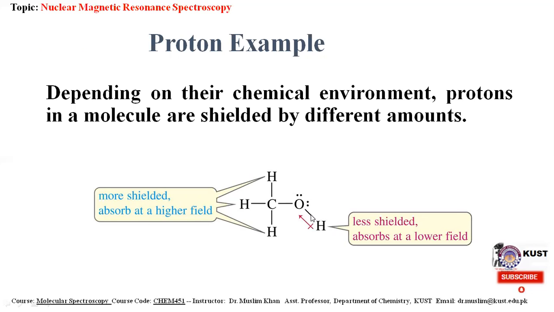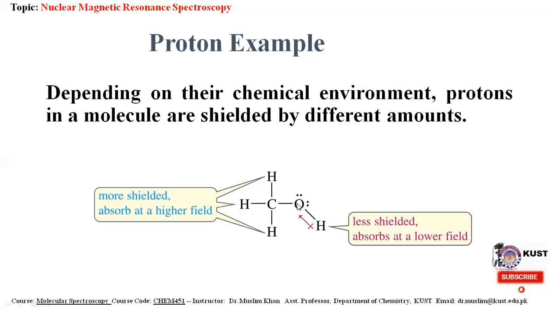So the shared pair of electrons between oxygen and hydrogen is more toward oxygen. So when these electrons induce a field opposing the external magnetic field, it will shield the oxygen atom, not the proton. It means that this proton is less shielded, deshielded by the action of the oxygen atom.